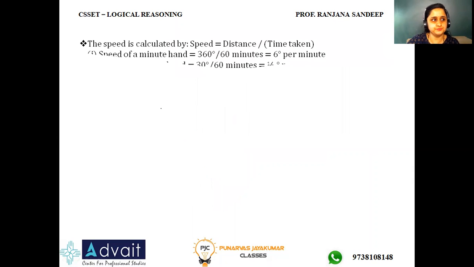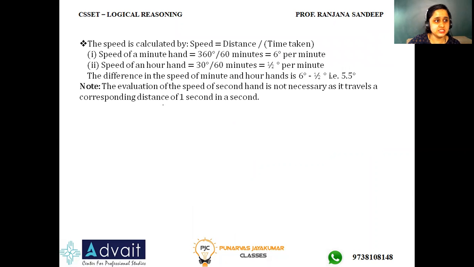Further, the speed of both minute hand and hour hand. You already know that speed is calculated using the formula speed is equal to distance by time taken. If I talk about the speed of the minute hand, the original position of the minute hand is at 12.